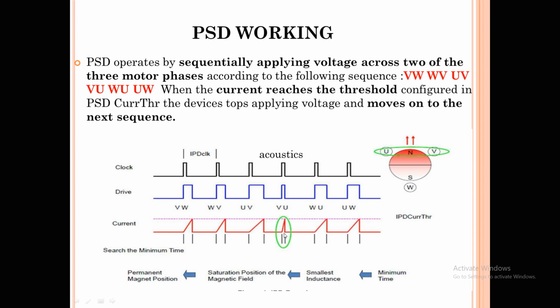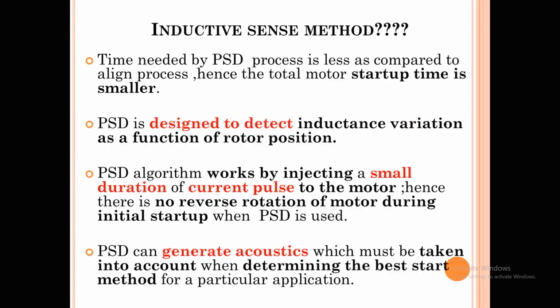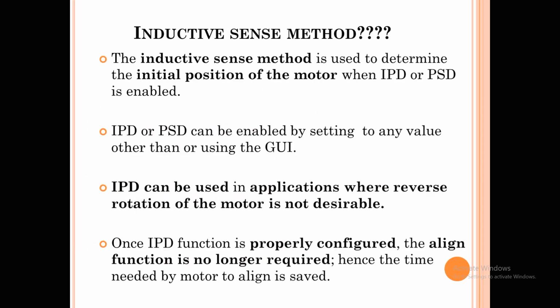And the smallest time duration is for V and U. What does V and U actually mean? This is the lowest, the smallest inductance value inside the motor.